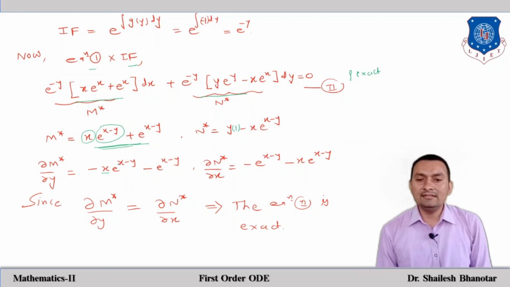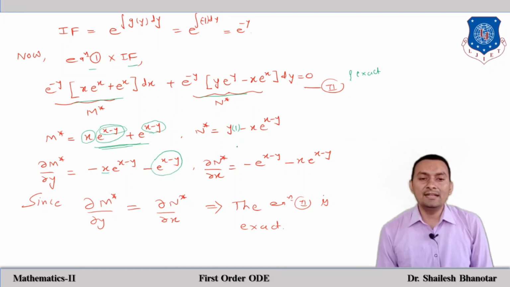First the exponential is there, and the partial derivative with respect to y will be minus 1, and therefore it is written here minus 1. Minus, same argument, e raised to x minus y is there, and the derivative with respect to y will be minus 1, therefore we have this minus.